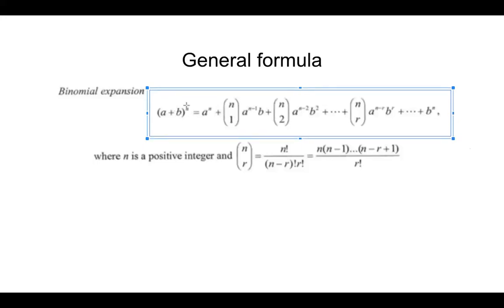N would be the power, right? And the bottom number here matches the number R. So what is R? The first term here happens when there's nothing here. It actually corresponds to N choose 0. So basically for the first term, R would equal 0.